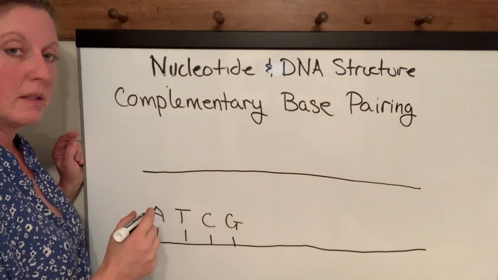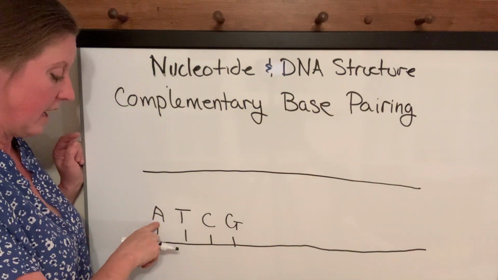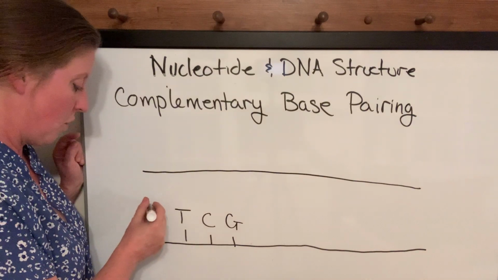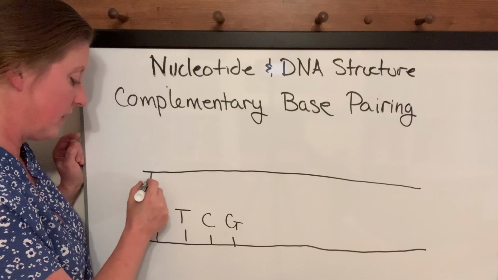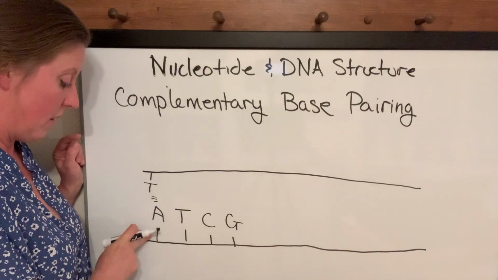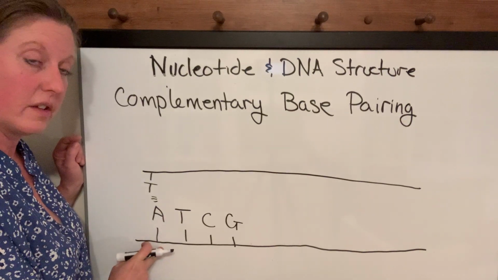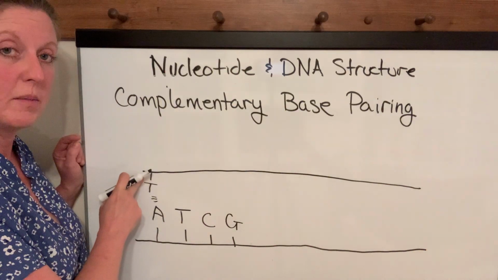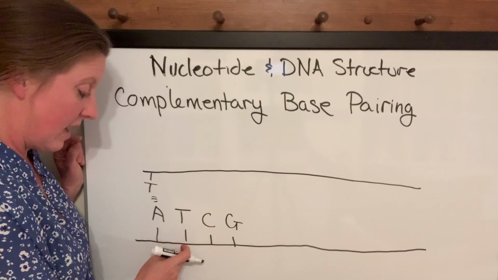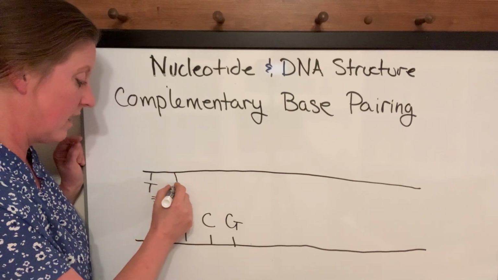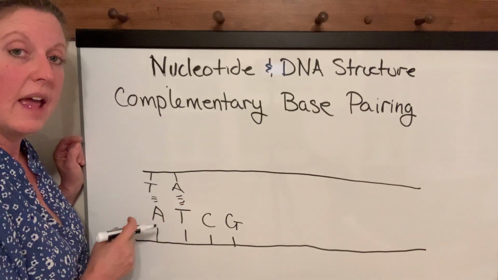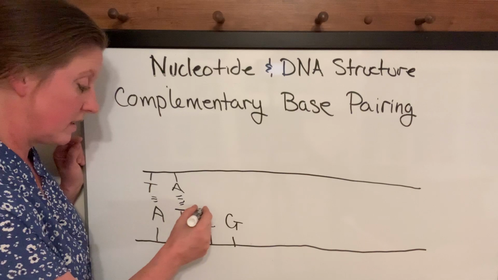What complementary base pairing means is that the nitrogenous base for adenosine will always form hydrogen bonds with the nitrogenous base for thymine. So if I know that adenosine is on this molecule, I always know that thymine is on the other strand of the DNA molecule. Likewise, if thymine is on this strand, then on the other strand there will be adenosine, and they will join together through hydrogen bonds.